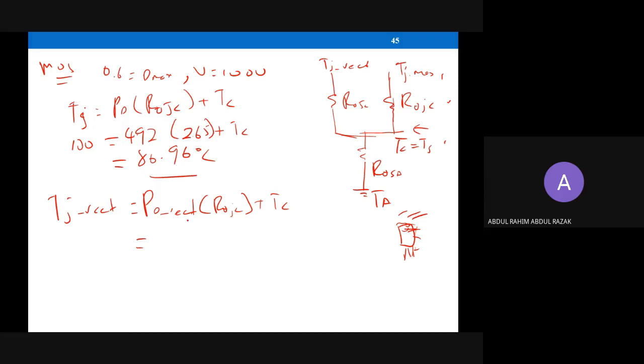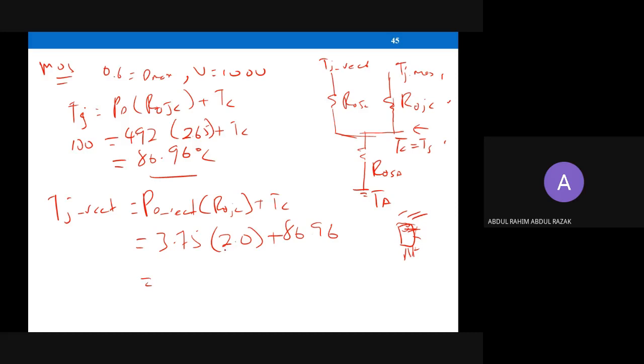So we have just now a rectifier of 2.4 ampere. P rectifier is 3.75 watt. RJC is also available inside your data sheet of the rectifier. So TC is just now 86.96.